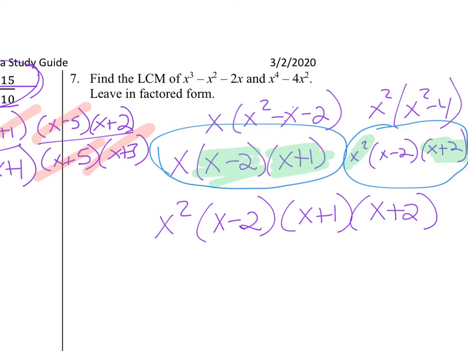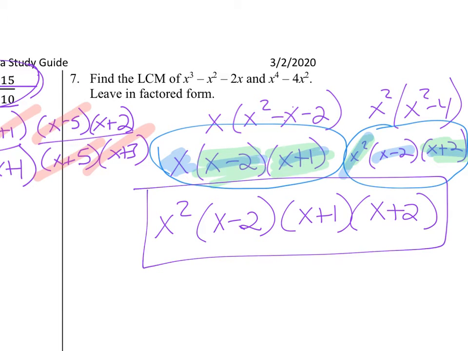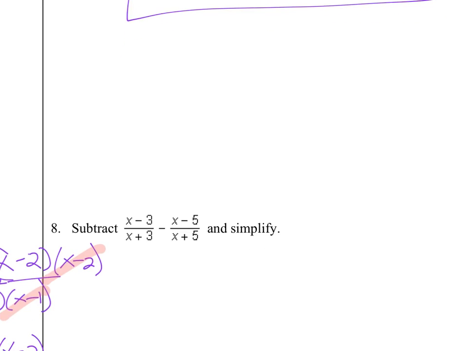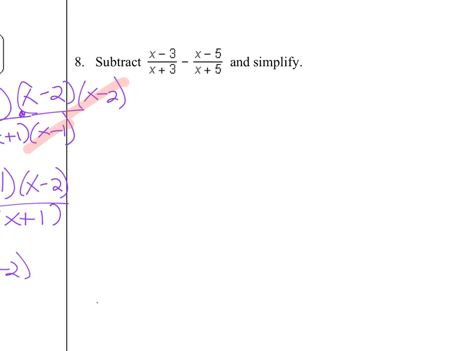So notice that x is a factor because I've got an x squared. X minus 2 is a factor, and x plus 1 is a factor. On the second term, x squared is a factor, because I've got an x squared, x minus 2, and x plus 2. So everything's represented. So this is my final answer. And you are to leave it in factored form, so we were done.